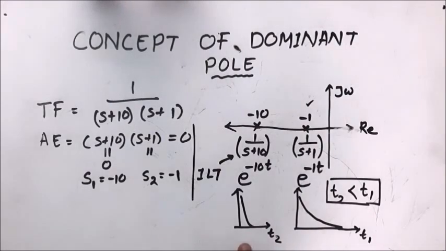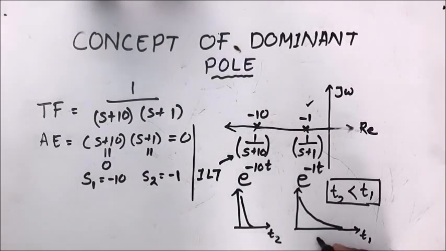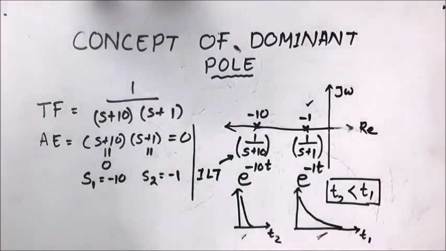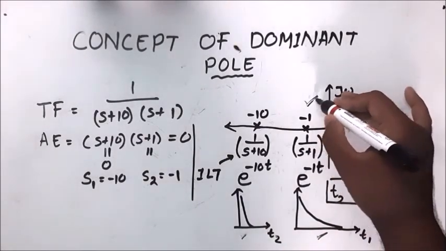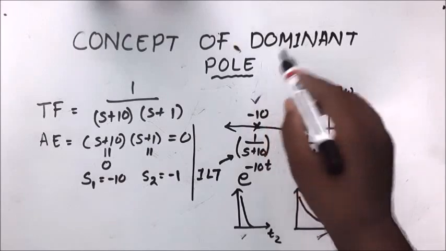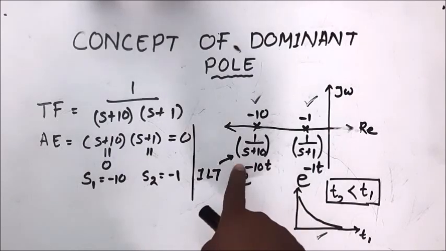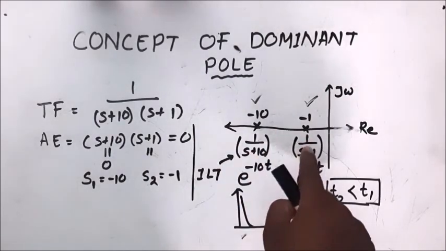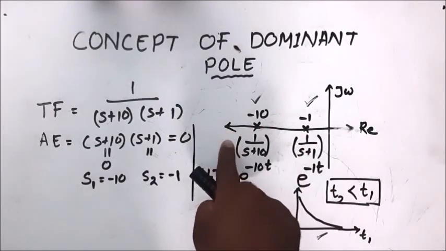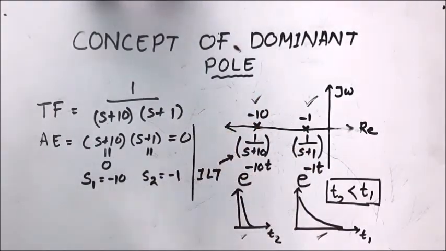This does not mean that the other is a bad system, but this system can be analyzed more efficiently in transient analysis than the quickly decaying one. Clear? That is why we can say this pole is dominating in nature compared to that pole. So the pole corresponding to 1 by (s plus 1) is dominating, and it is called the dominant pole, and the other pole is called the insignificant pole.